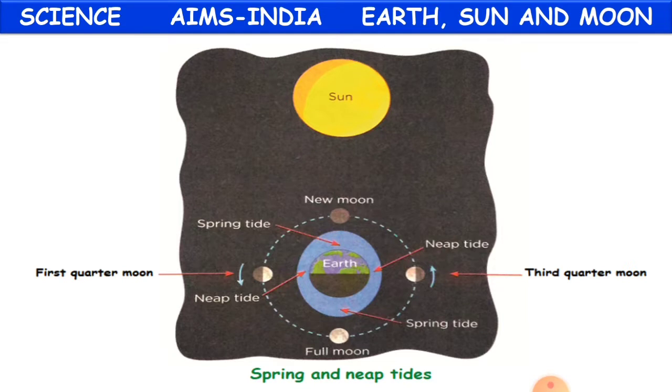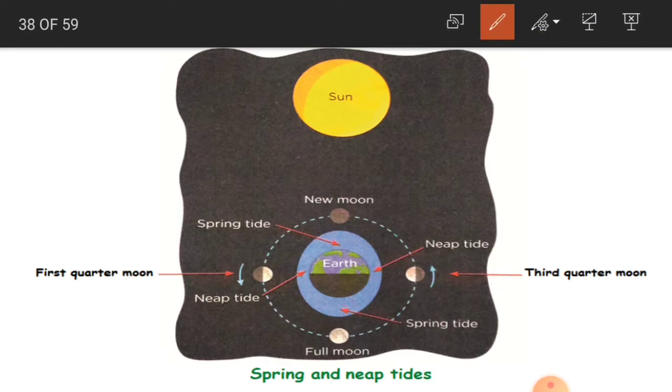And this is the diagram representation. See here, neap tide. Where is the sun? Here is the sun. And where is the moon? Here is the moon.